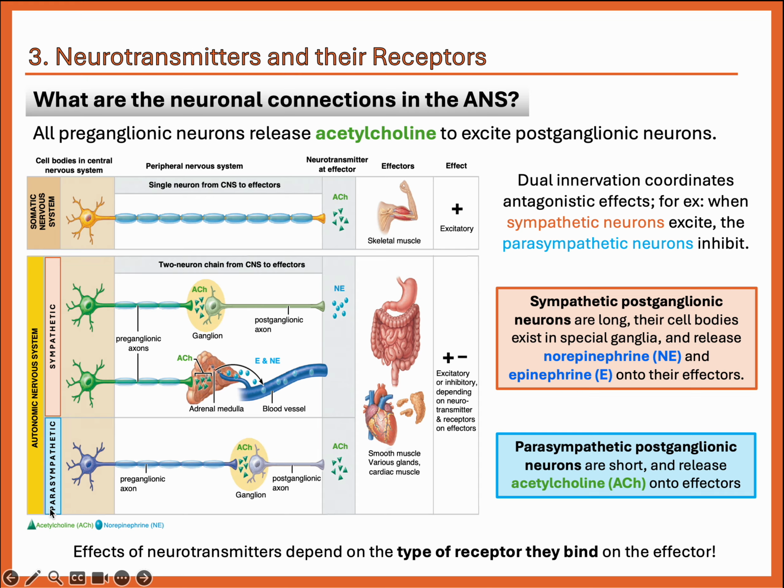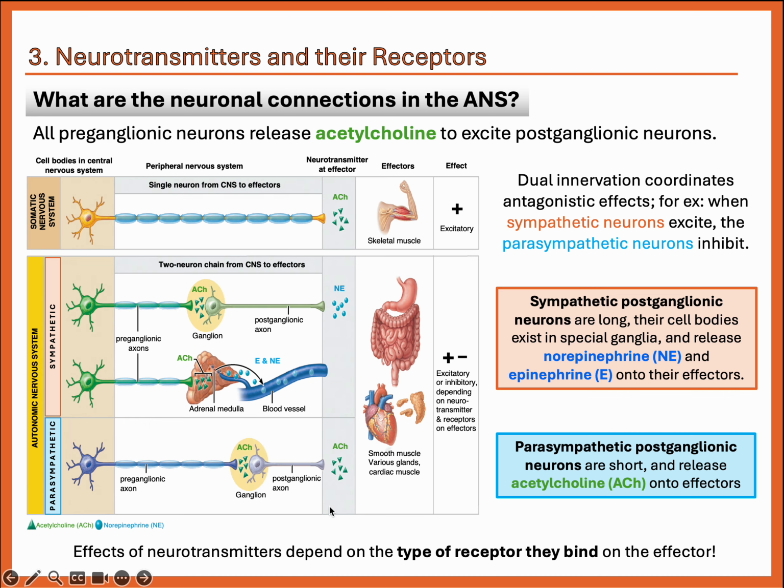In the parasympathetic system, a neuron comes out, it releases acetylcholine, as was the case here, onto the postganglionic neuron, as was the case here. But this parasympathetic set releases acetylcholine onto the targets. So when this fires, acetylcholine gets released, and that will have its effects on the targets.